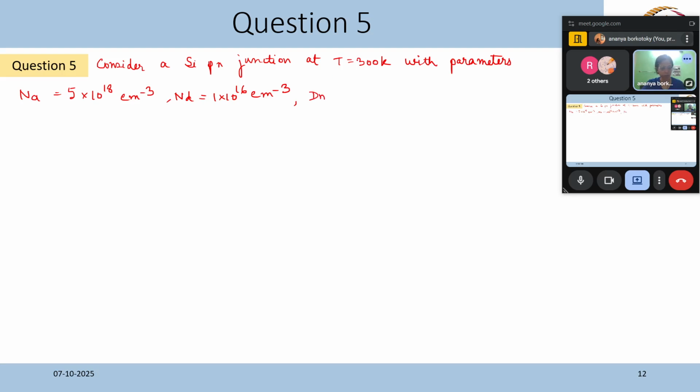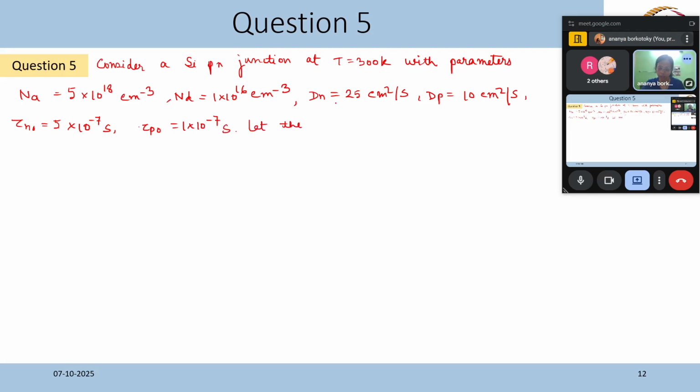The electron diffusion coefficient dN is 25 centimeter square per second. dP, the hole diffusion coefficient, is 10 centimeter square per second. Tau N naught, minority carrier lifetime for electron, is 5 into 10 to the power minus 7 second. Tau P naught is 1 into 10 to the power minus 7 second.